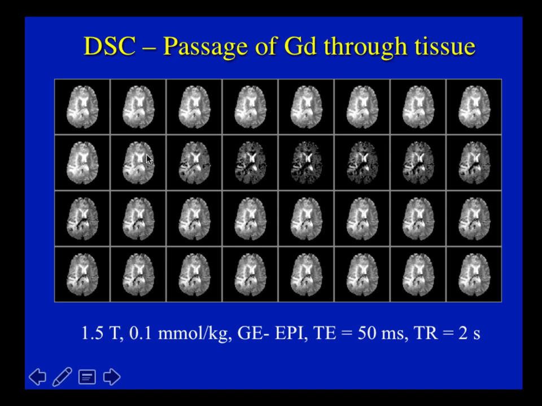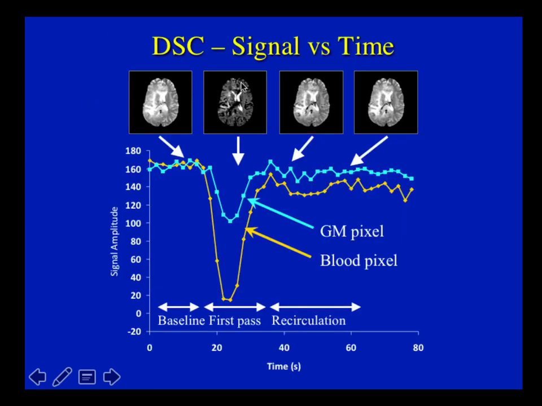If you want to study what happens to the signal intensity more closely, what we can do is extract the signal intensity from a single pixel across all the time points and look at the signal intensity time curve from any one of these voxels. Here I have extracted the signal intensity from two different voxels.